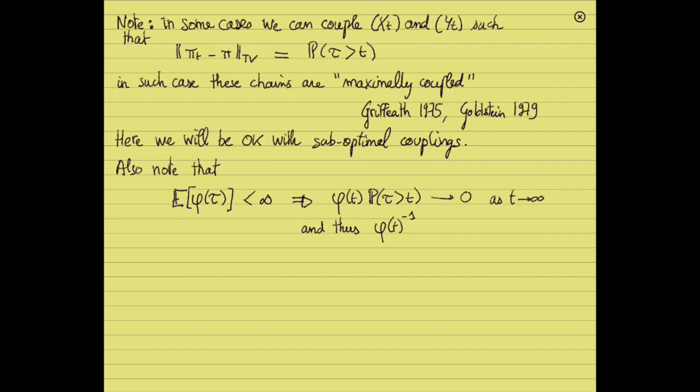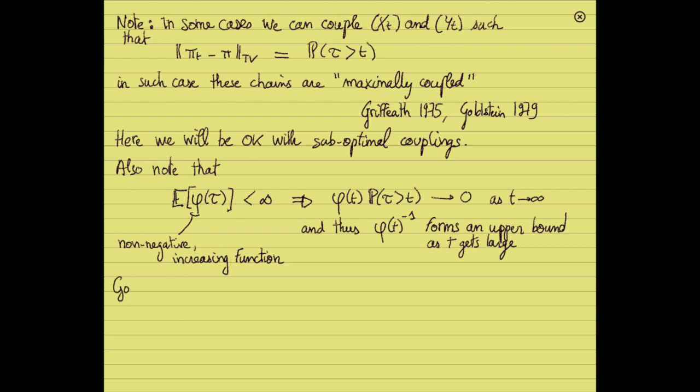And thus, it would mean that the inverse of the function forms an upper bound as t goes to infinity over the probability that tau is more than t. So if you have this kind of finiteness of the moments of the meeting times, when phi is non-negative and increasing, then phi to the minus 1, in fact, gives you an upper bound on the total variation distance from pi t to pi.